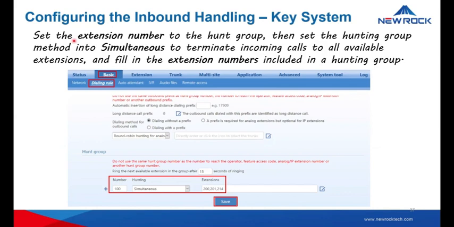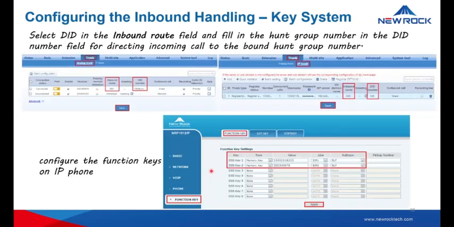That is why we have to set the hunting group method and select the extensions. So, say for example, extensions 200 to 214, we set that to extension 100. Then the next step is you have to set the DID and select the DID hunt number. If you selected that, you need to configure the function key on the extension.